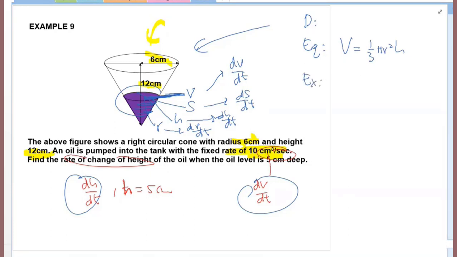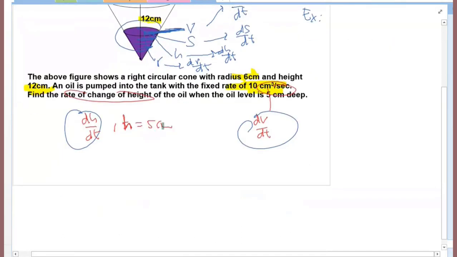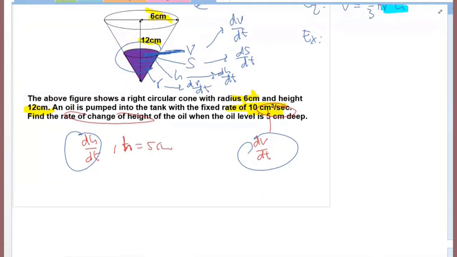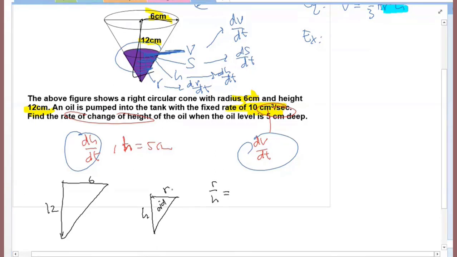Now we need to connect r and h, which we can't do directly, so we use the connection between r and h. Take the triangle with 12 and 6 and compare it with the ratio of the oil, H and R. R over H is 6 over 12, or H over R is 12 over 6.